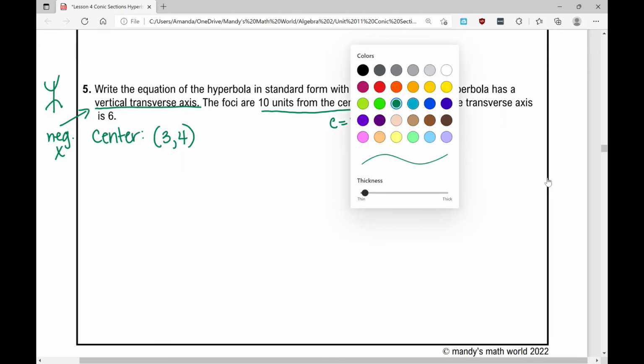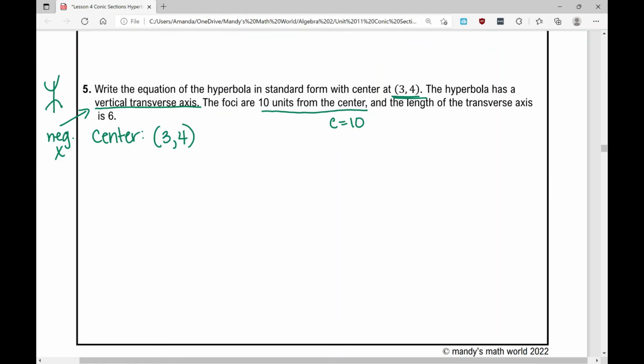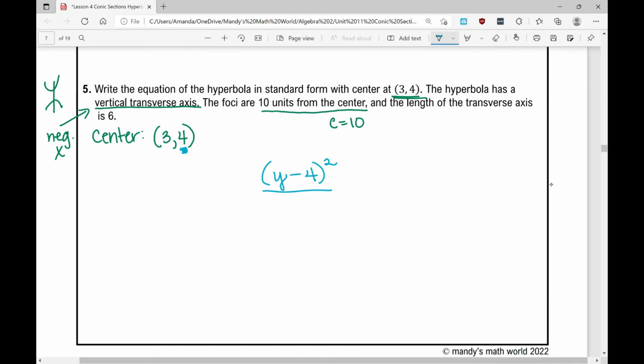Okay, so let's do the top part. I know that x is what is negative. So what I'm going to do is write my y term first: y minus 4 squared over something. See how I did that? Y minus the y value of the center, squared, minus x.